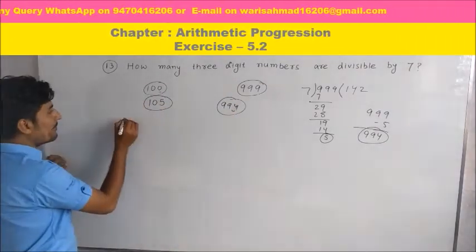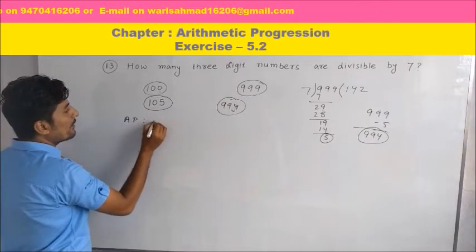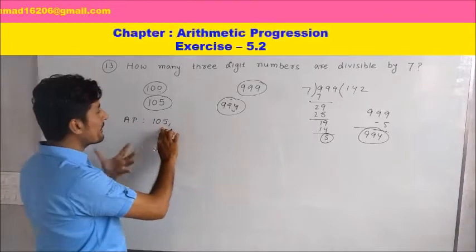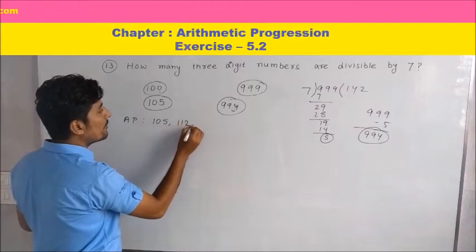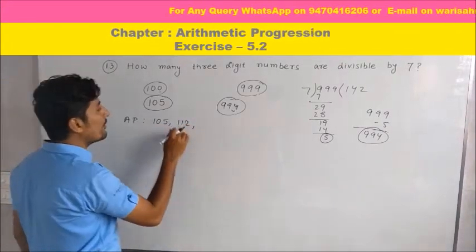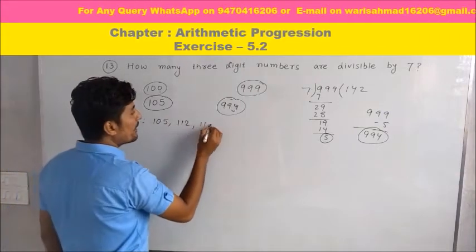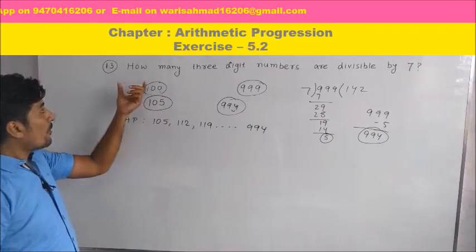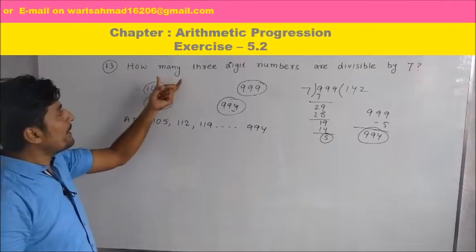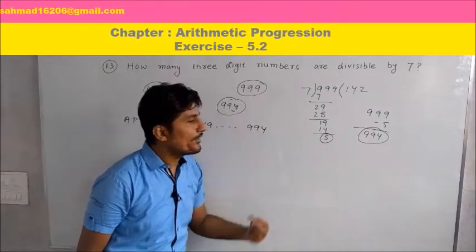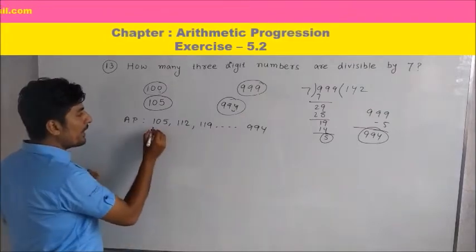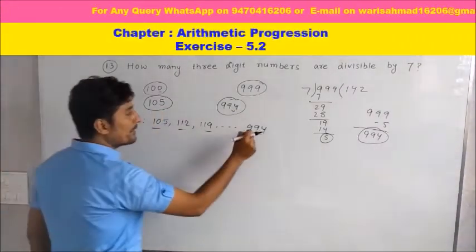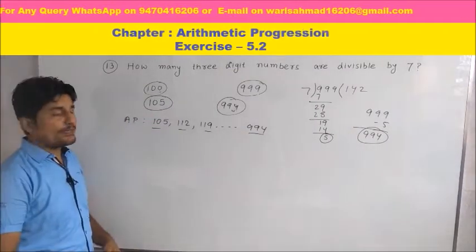So we can write the AP here. The AP will be 105, the next number is 105 plus 7, which is 112, the next is 112 plus 7, which is 119, and so on till 994. According to the question, we have to count how many numbers there are from 105 to 994.